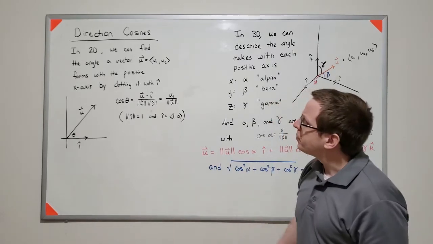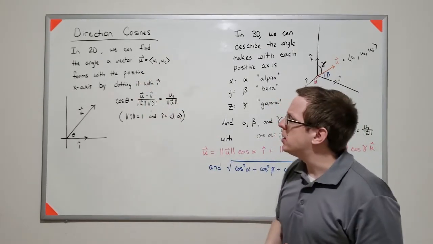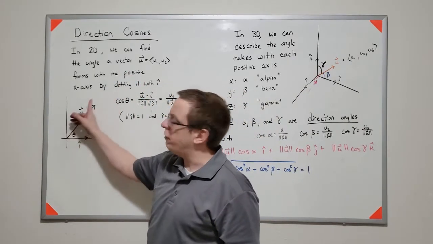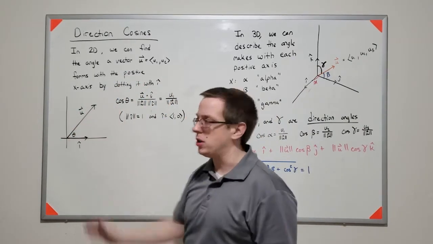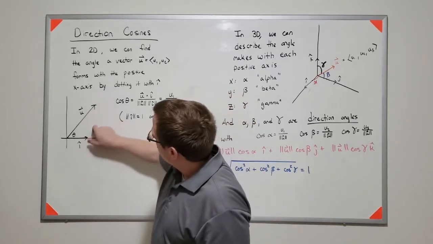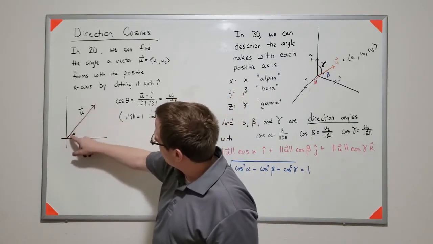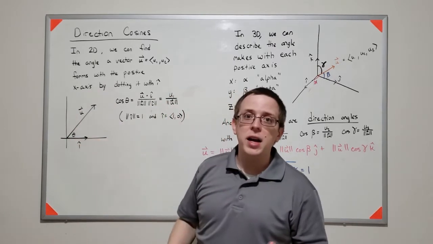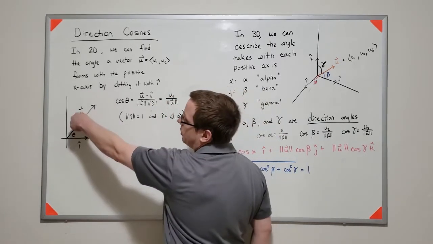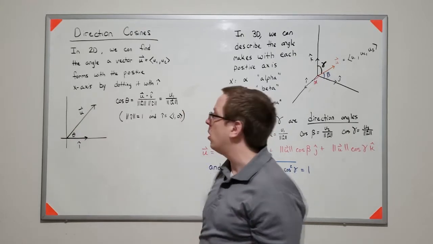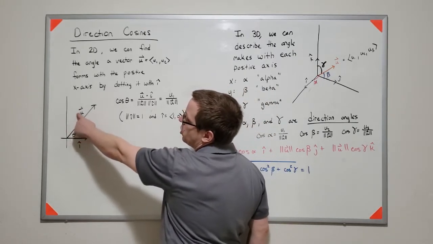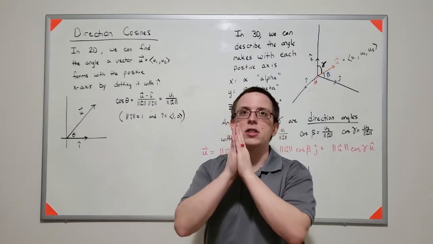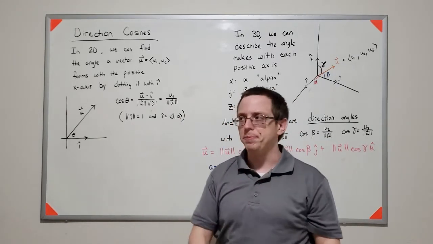But anyway, in 2D space, it's pretty simple to think about the angle that a vector u forms with the positive x-axis, right? We can think about it's rotated up, and if we want to find that angle, we simply use what we already know about the dot product and say, let's take u dotted with the standard vector i.